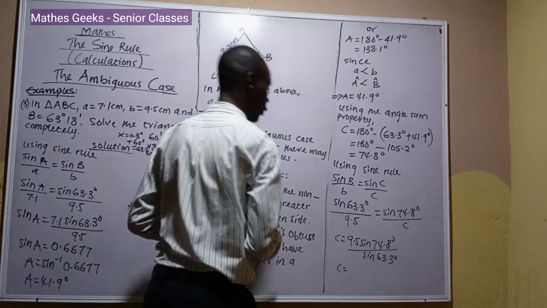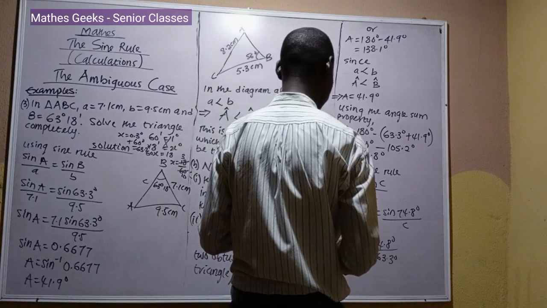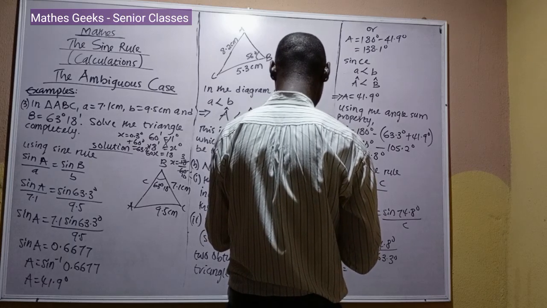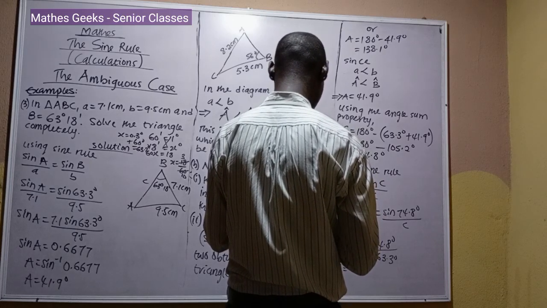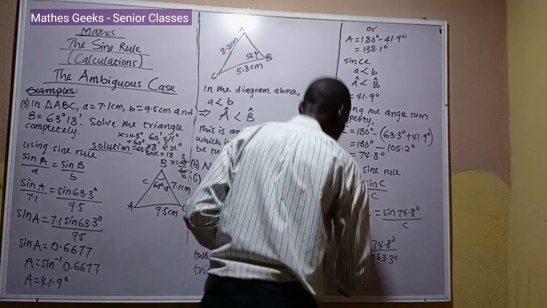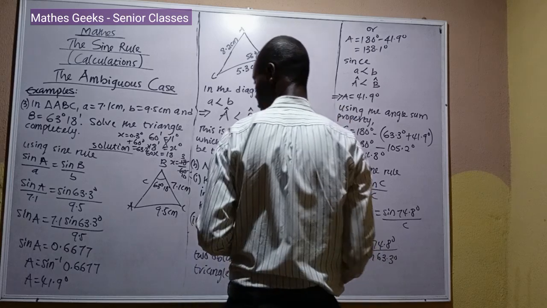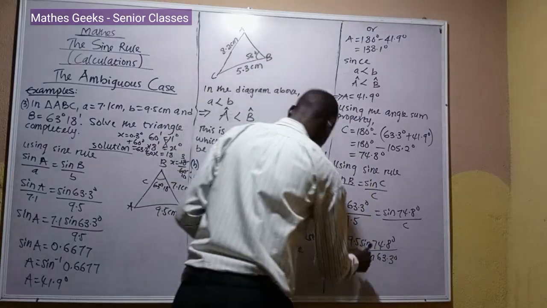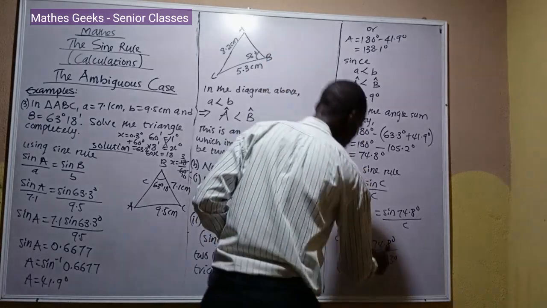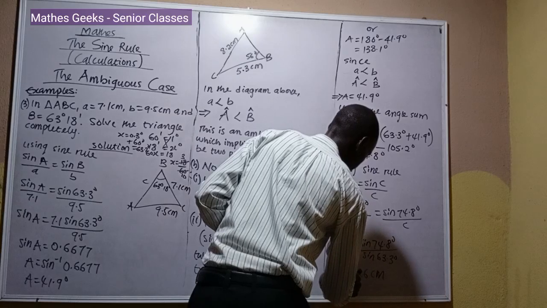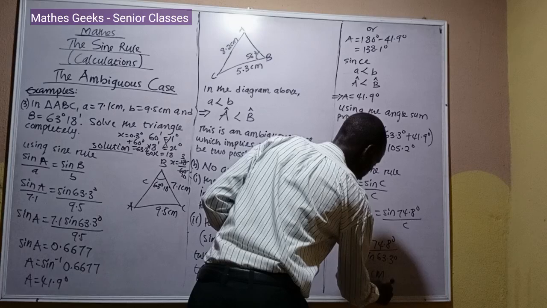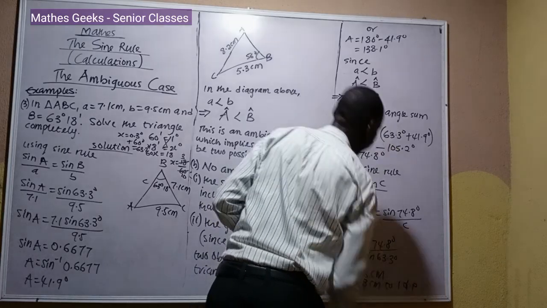So C is equal to 9.5 sine 74.8 divided by sine 63.3, which is 10.26 centimeters, approximately 10.3 centimeters to 1 decimal place.